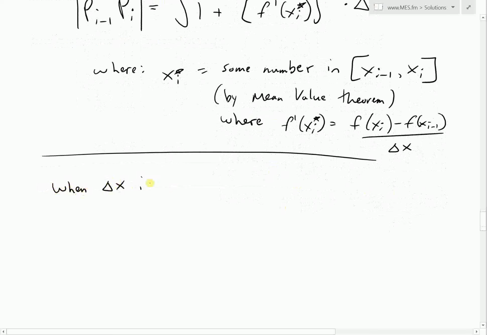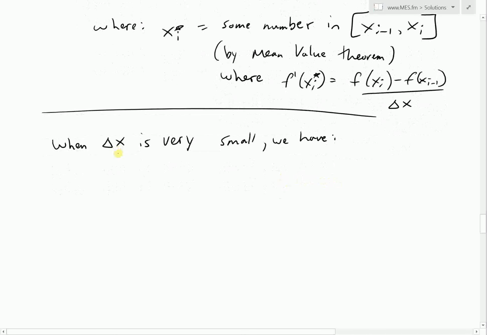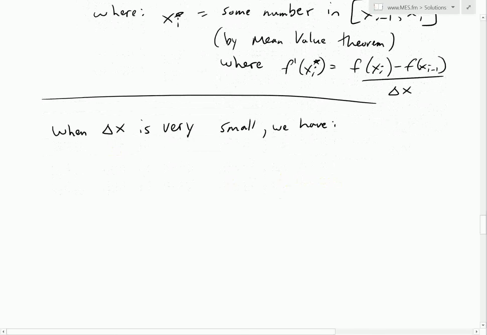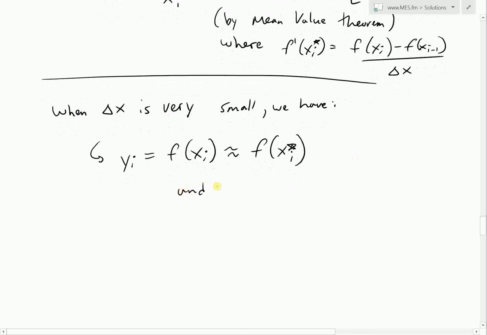But before that, recall that when delta x is very small, xi is roughly equal to xi minus 1. If you're taking an infinitely small delta x, or width of the band, then yi, which equals f of xi, is approximately equal to f of xi star, the point inside.